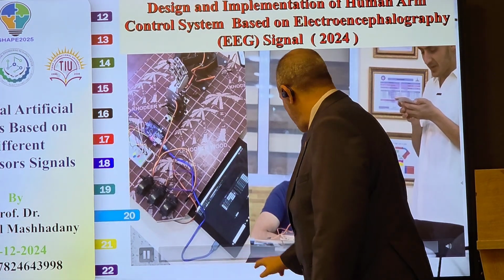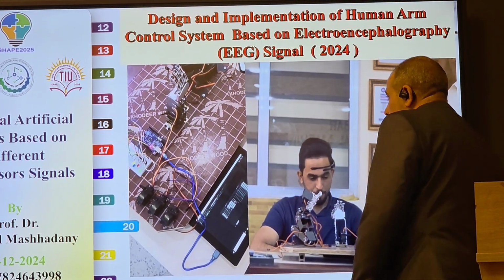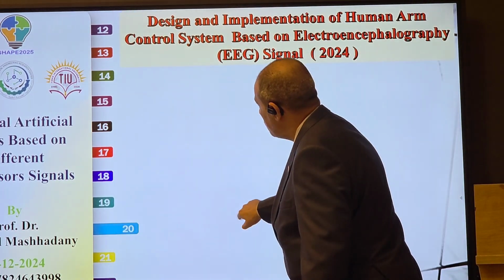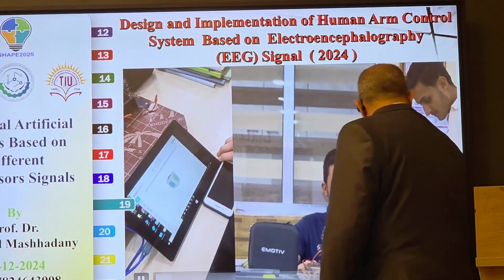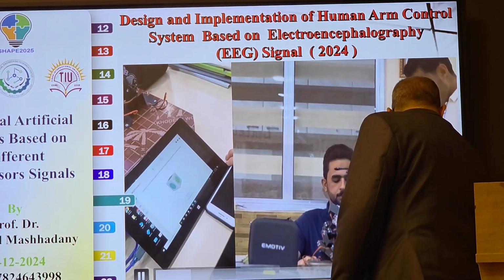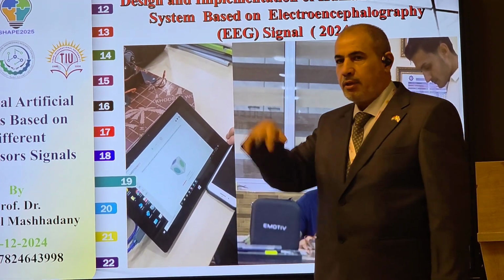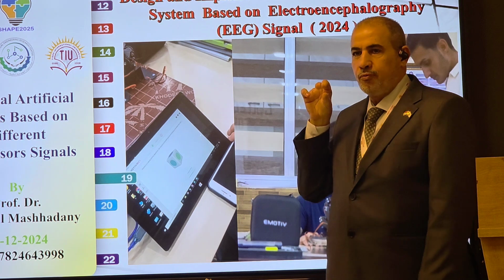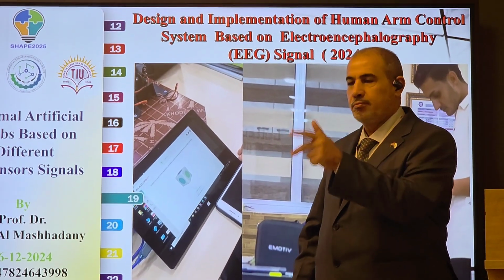At the beginning of the experiment, we trained the case study to control the cube. Control the movement of this cube: left, right, up, down, deep, and move. That means 3 degrees of freedom.